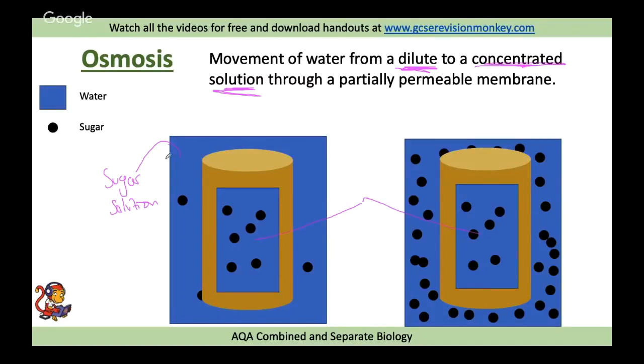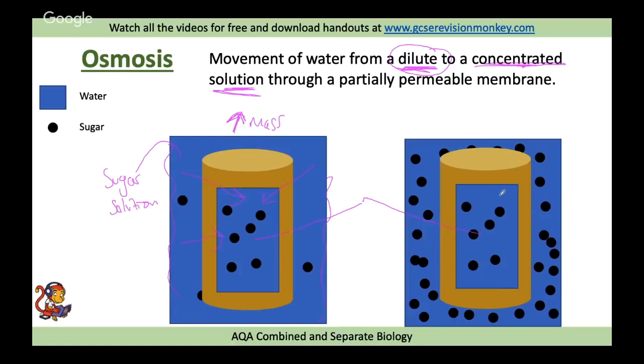So when we put it in the beaker here, in this situation, because osmosis is the movement of water from a dilute to a concentrated solution, the water would move inwards, increasing the mass of the potato. So it's just an arrow up to show increasing the mass. However, in this situation, the solution inside the vegetable is more dilute than the outside.